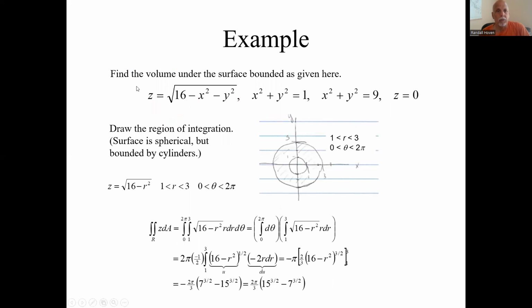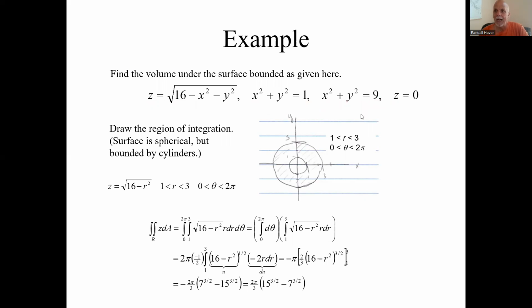Let's do an example. Find the volume under this surface with these boundaries. With a little thinking, you can see that this surface is a sphere, and the sphere has a radius of 4. This boundary is a circle of radius 1. This boundary is a circle of radius 3.